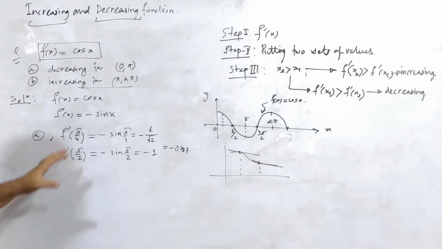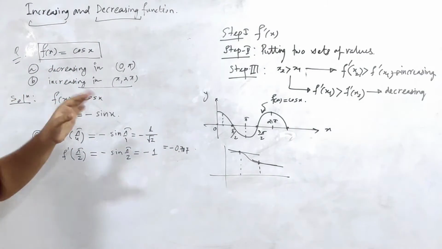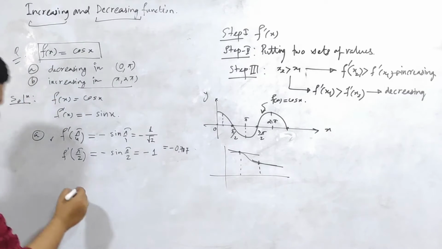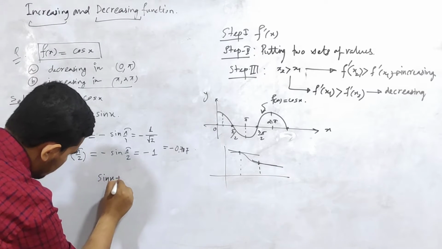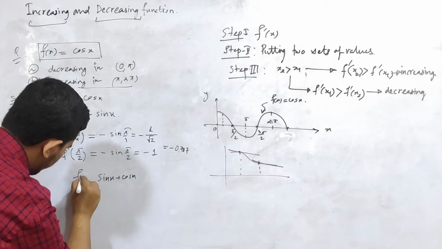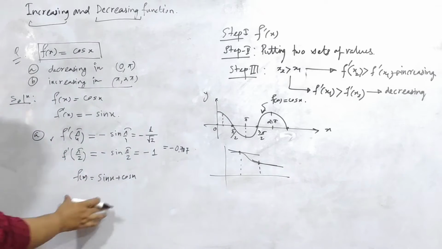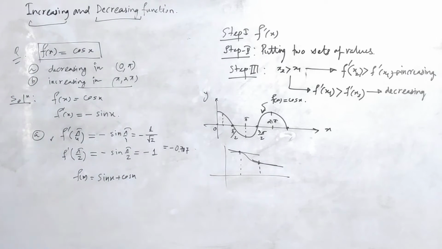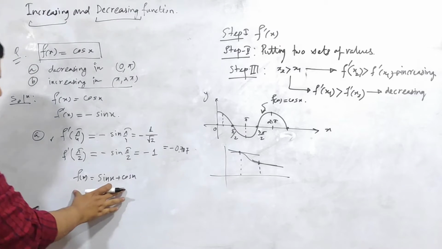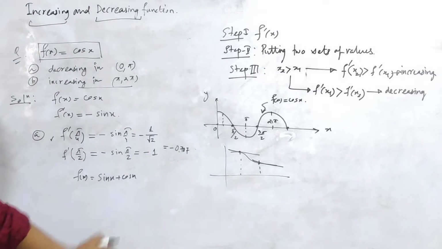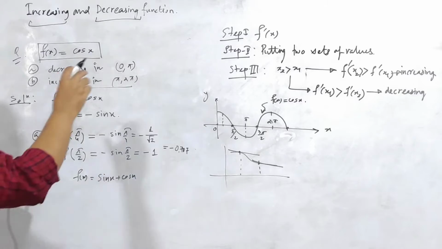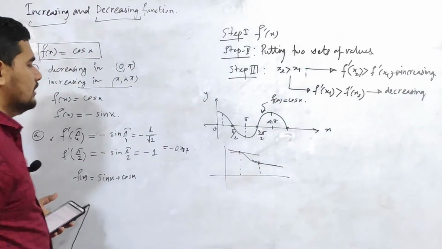But in maximum cases you can't plot any curve. Let's suppose I am given a curve sin x plus cos x. You cannot plot this curve easily on the graph. So to determine the increasing and decreasing nature of this kind of curve, you have to have the concept of increasing and decreasing functions clear.